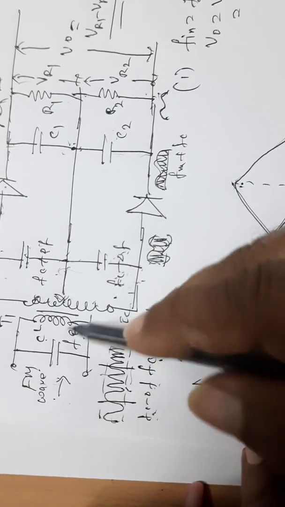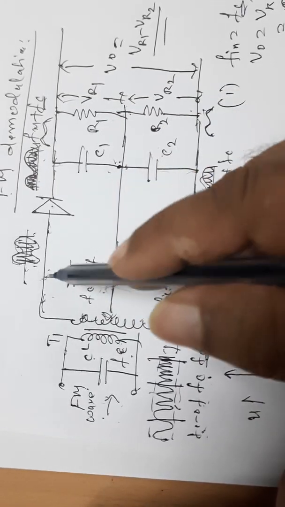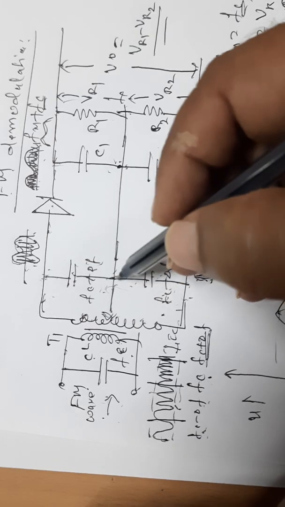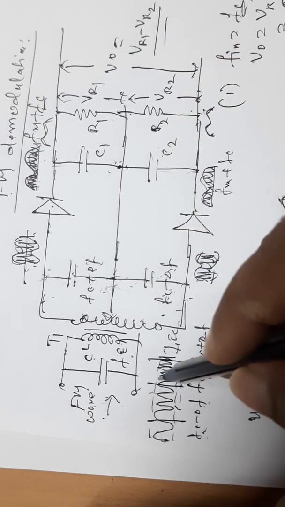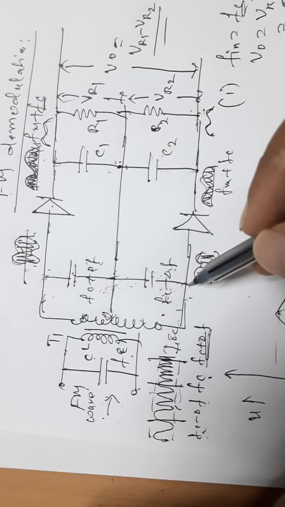Now let us consider another frequency, Fc plus delta F. When the input frequency is Fc plus delta F, since the upper circuit is tuned to Fc plus delta F, its voltage is maximum. The lower is tuned to Fc minus delta F, but the incoming frequency is Fc plus delta F, so the voltage across it is minimum.